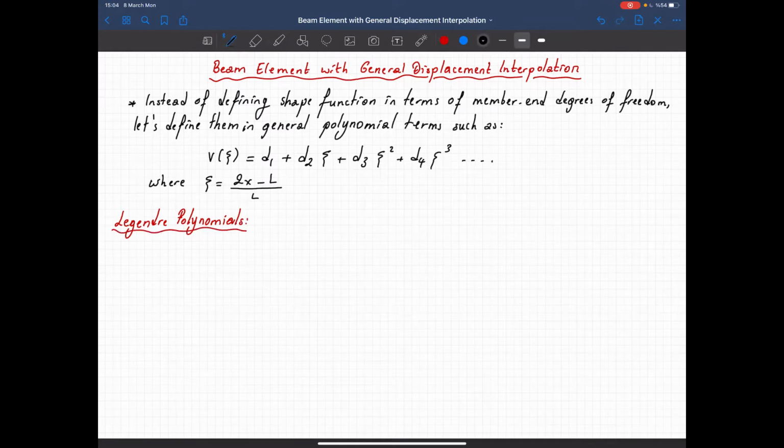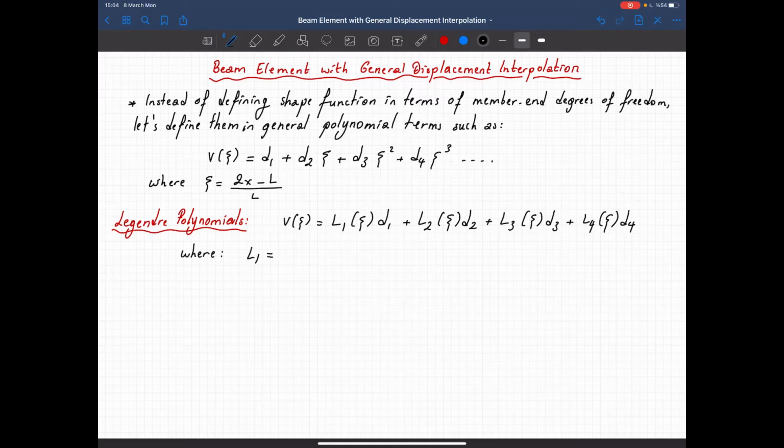It has the form as mentioned here. V of psi is equal to L1 psi multiplied by D1, the first Legendre polynomial, the second one D2, the third one D3, and the fourth one D4. And these polynomials are as follows, where L1 is equal to 1.